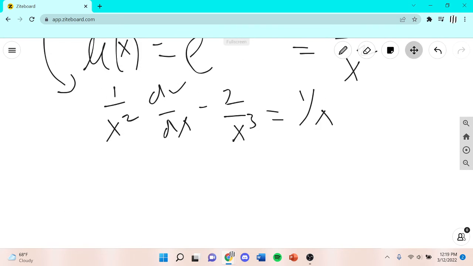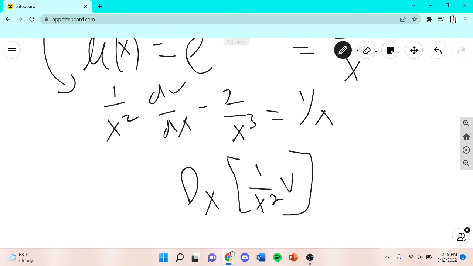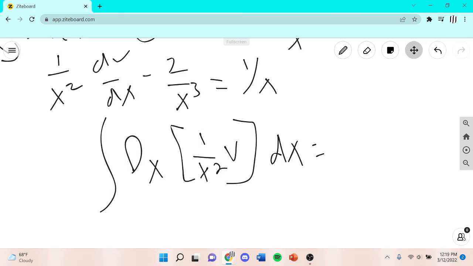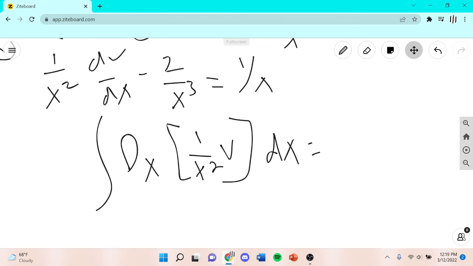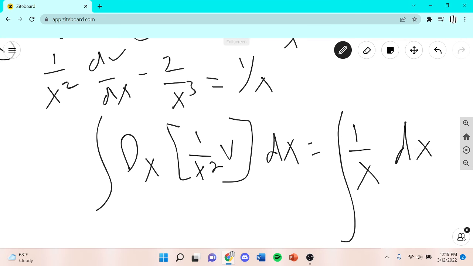So now we can just say that the derivative of our integrating factor, 1 over x squared times v, with respect to x, is equal to 1 over x, and that's the integral of that.